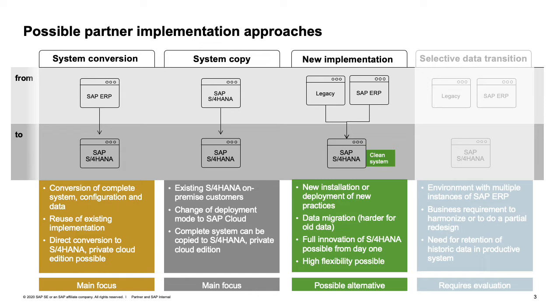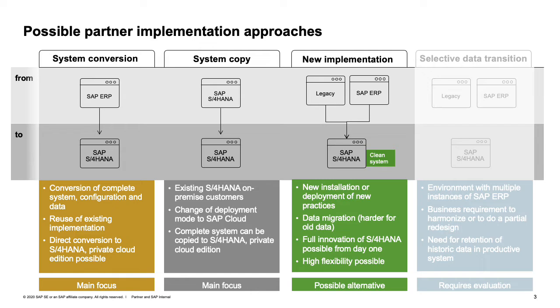The third option is a possible alternative, and it focuses on customers that would like to start with a new implementation or greenfield approach. They can be either existing SAP customers that would like to re-implement or net new customers that need to start from scratch. The last option is about the selective data transition scenario, which is part of the overall transition options into S4HANA.